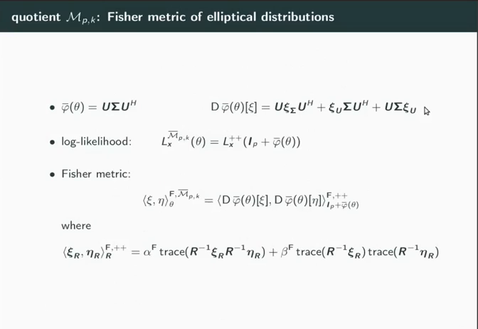And in fact, the nice thing is that the Fisher metric onto M bar is obtained by taking the Fisher information metric on the set of positive definite matrices at our transformed point here, and with directional derivatives of the diffeomorphism here.